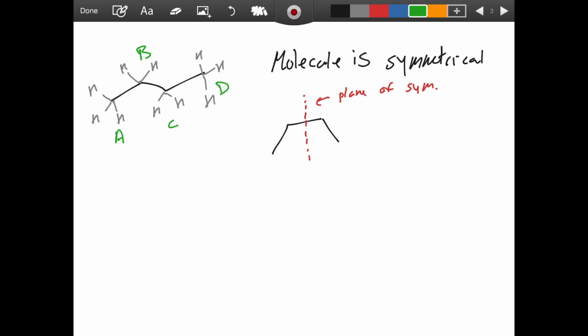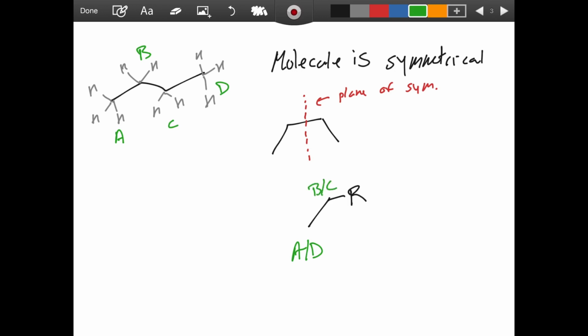So it sees A and D as being exactly the same, and it sees B and C as being exactly the same. So in the NMR's eyes, the molecule looks like this, where you've got A and D here, and B and C here.